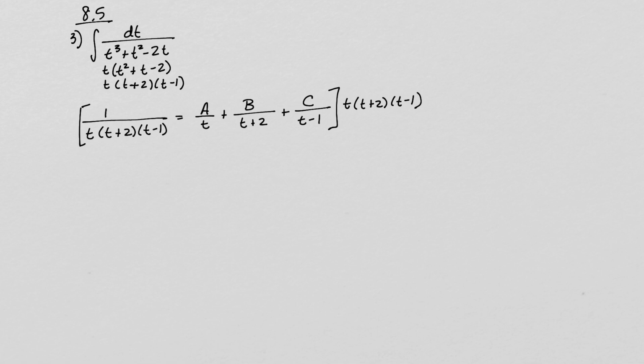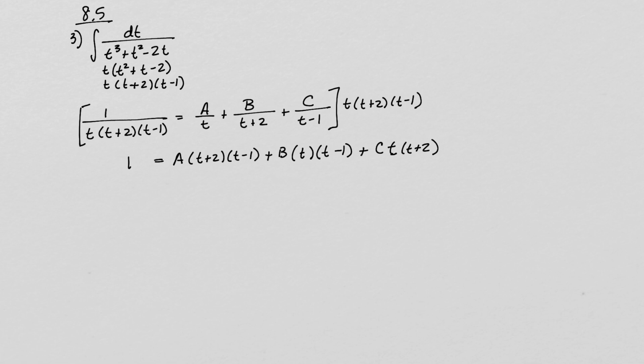And if I do that, I have 1 is equal to A times t plus 2 times t minus 1 plus B times t times t minus 1 plus C times t times t plus 2.